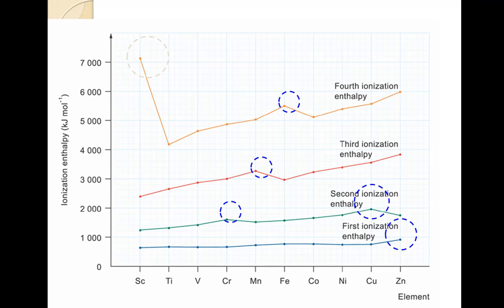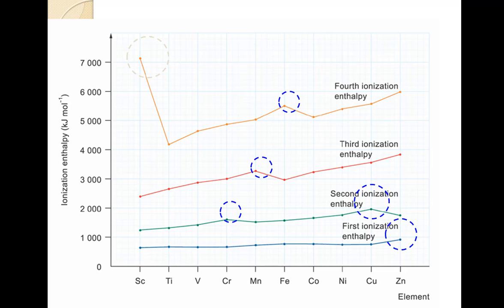If we talk about Cr, it is 4s1 3d5, but after removal of the first electron, it will be 3d5. So the second electron is to be removed from the 3d5 half-filled d subshell. That's why it is slightly higher.